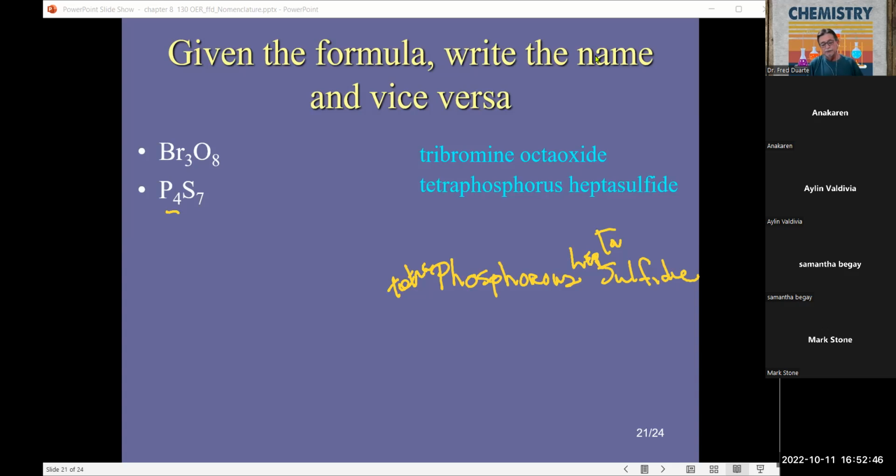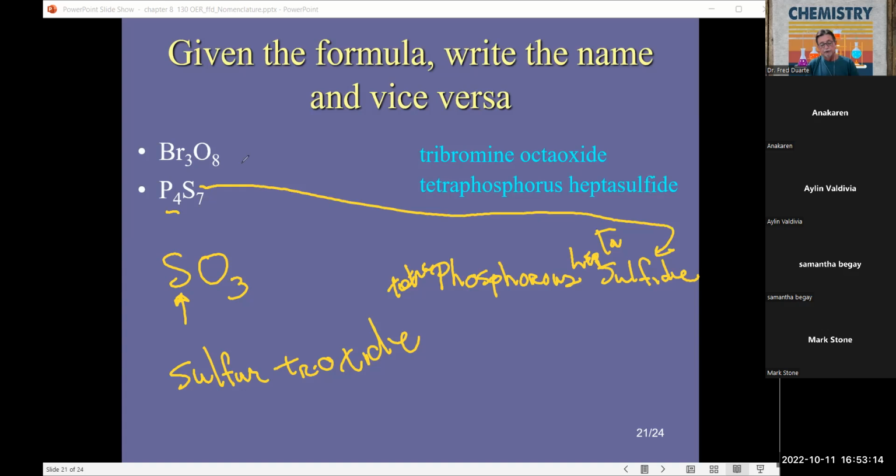Okay. Notice the difference if it was, let's say, this species, sulfur, which I think is the next one. So in this scenario, we got SO3. Sulfur is written first, so its name is sulfur, not sulfide. And then we follow by the trioxide. Okay, so notice the difference here.